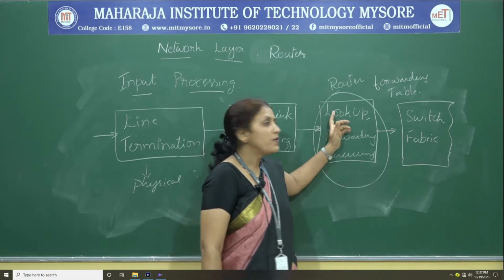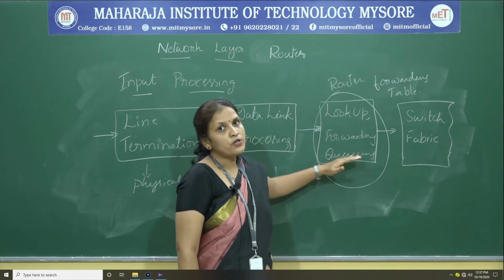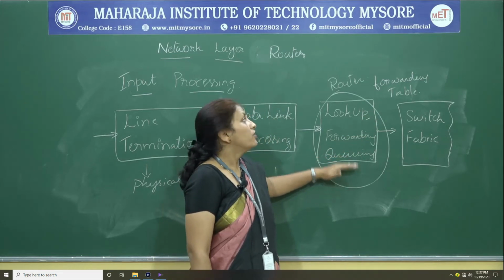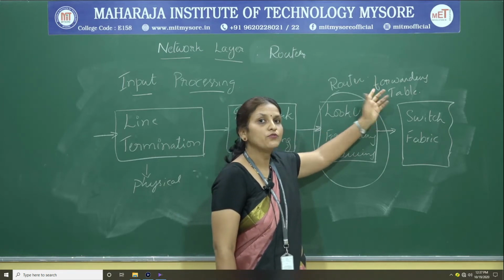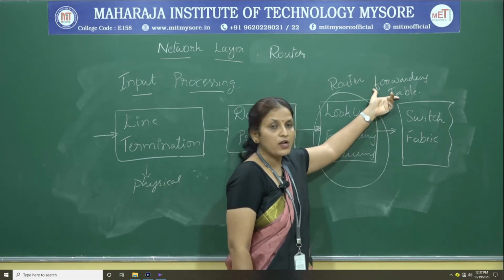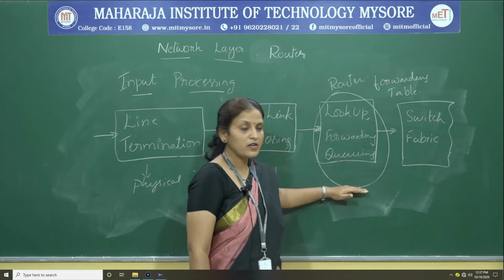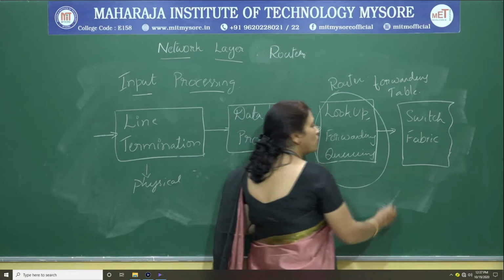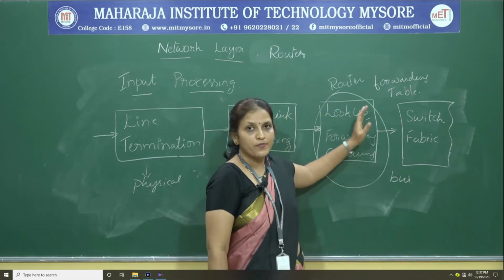Okay. The shadow copy of the forwarding table will be maintained at each of the input port lines. The transfer of this shadow copy from the routing processor to the input lines is done through a separate bus.